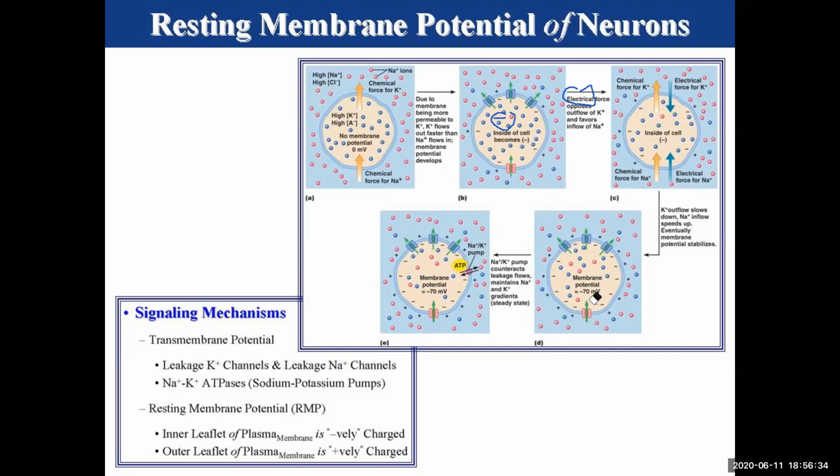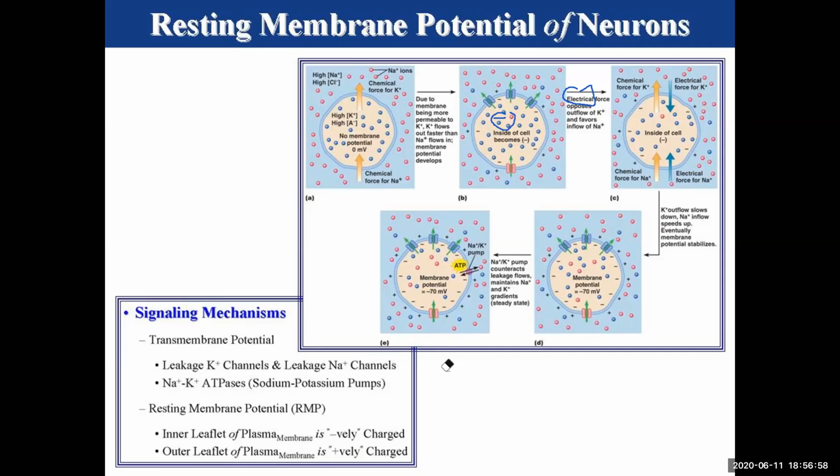So the cell needs an additional mechanism. In addition to the leak channels, the cell will use energy to make sure that minus 70 millivolts remains minus 70 millivolts. And that's exactly what happens.